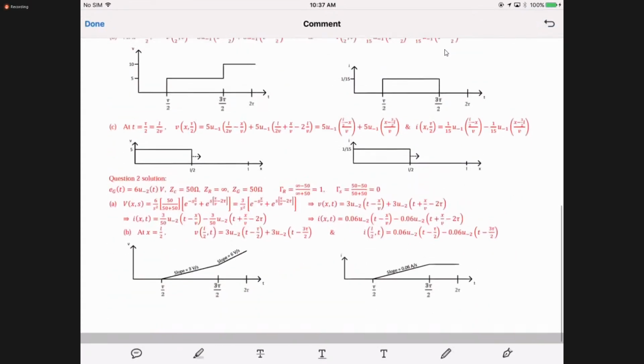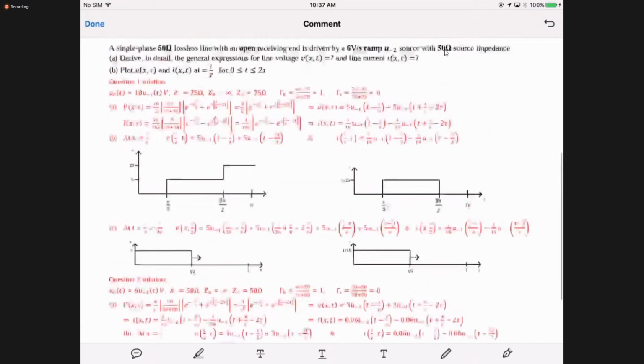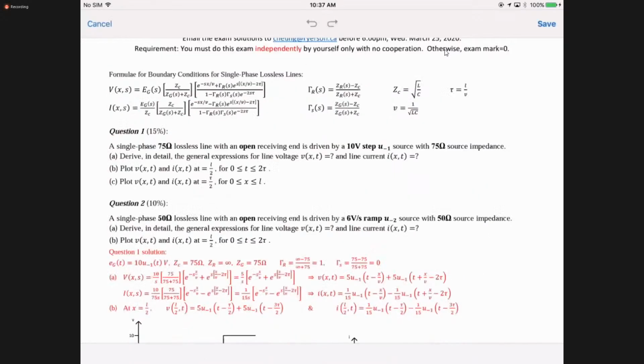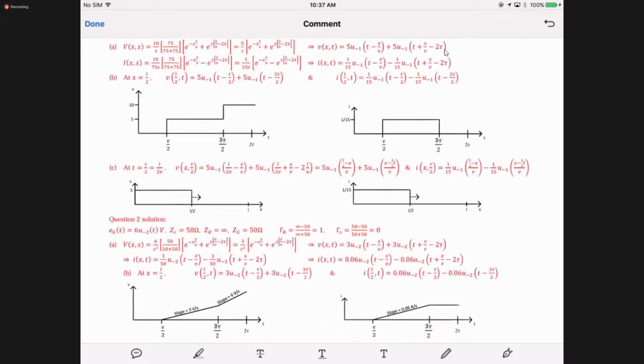Now for the ramp function, it asks you for the ramp function, 6 volts per second. The ramp function from the Laplace is 1 divided by s squared.